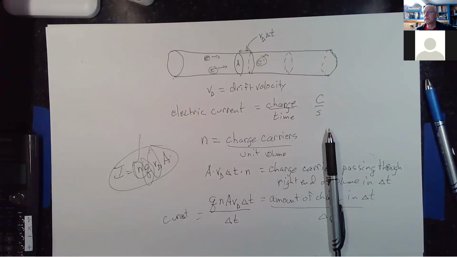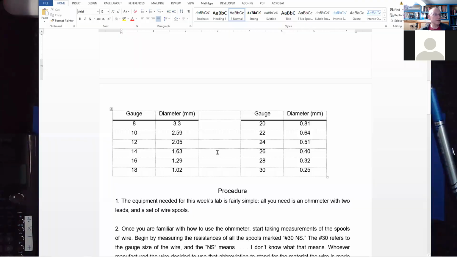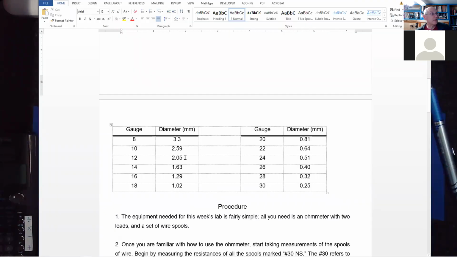Measuring resistivity, there we go. That's the one. I'll drag this over here so you can see it. This is part of the lab that you're doing that I just posted today. It shows for different gauges of wire what the diameter in millimeters of the wire might be. And so we'll use that to figure out the drift velocity.